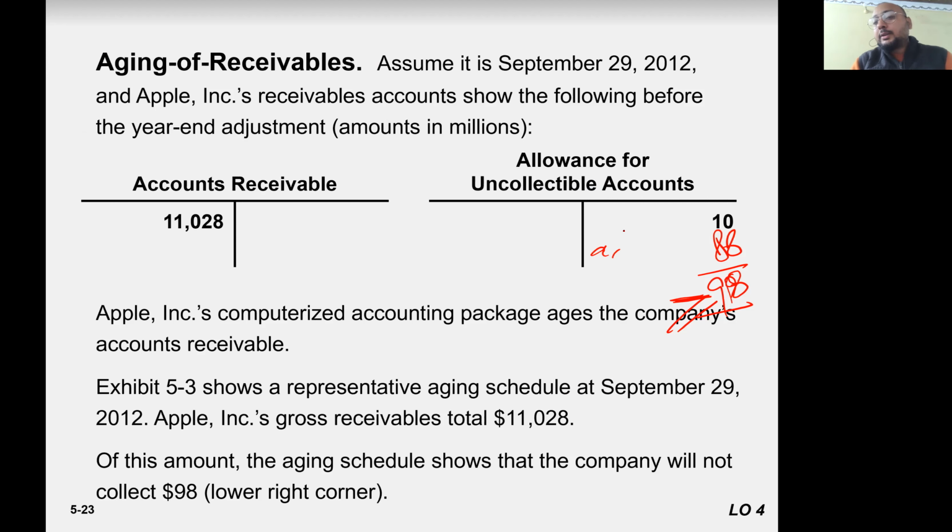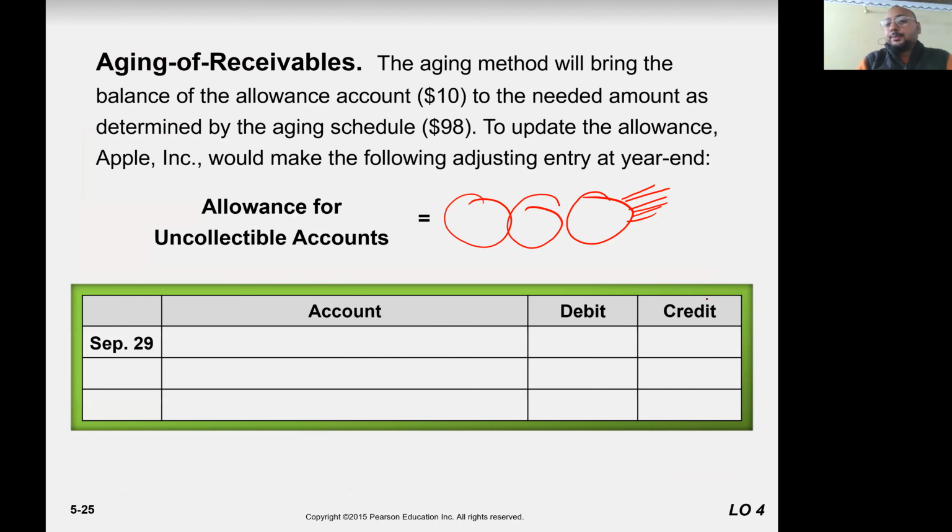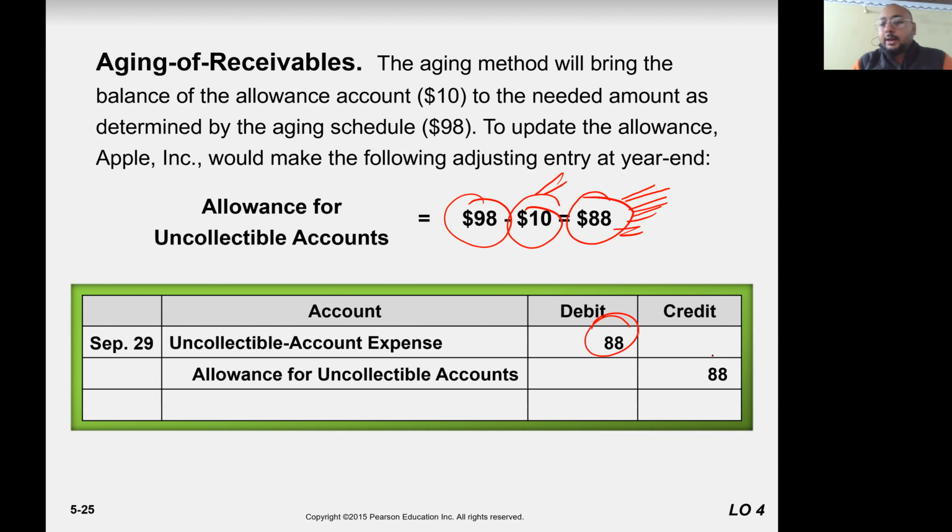So it means the adjustment you need to find out by a plug figure. So it's 88. Total balance is 98, beginning balance 10, so 88. The entry is going to be expense to uncollectible 88. Many students get confused and do not pay attention to this 98. They write down 98 here and 98 here, which is wrong.